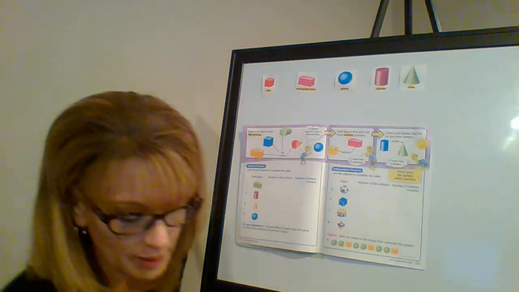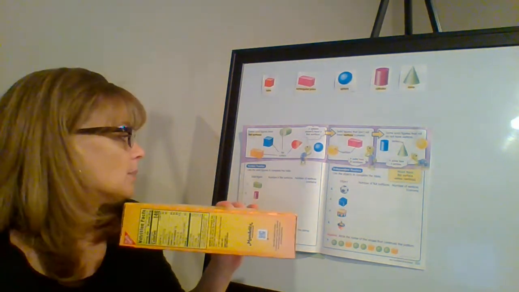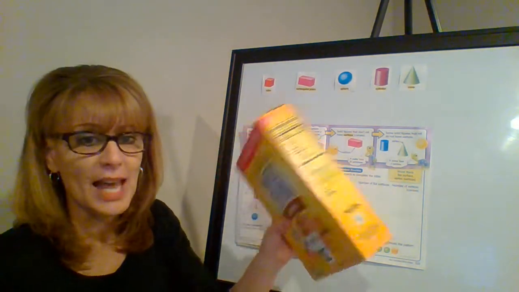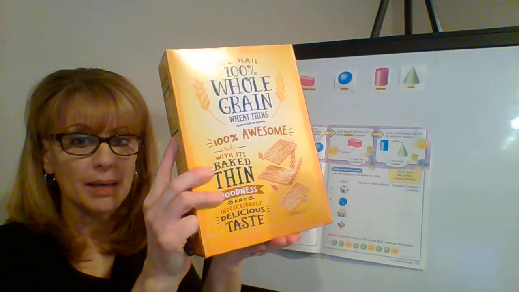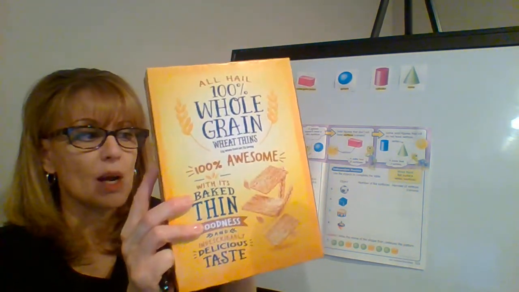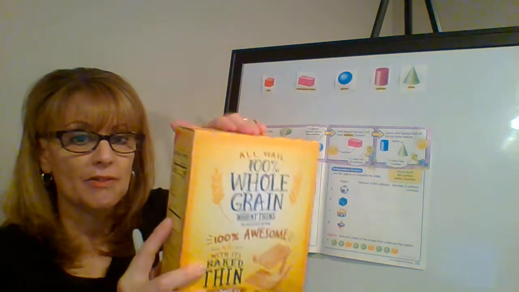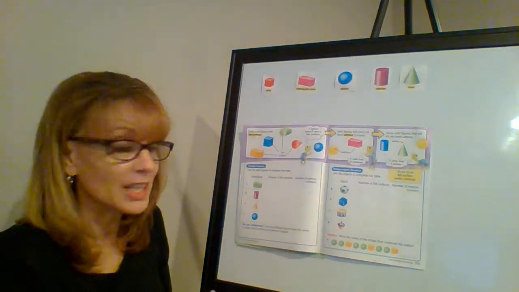So here's our solid figure. Here's our rectangular prism. How many flat surfaces does it have? Well, it has front, side, back, side, 4, top, and bottom. So 1, 2, 3, 4, 5, 6. Just like a cube.